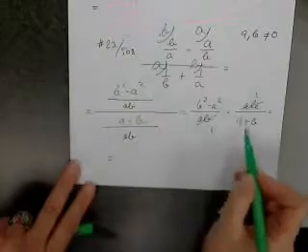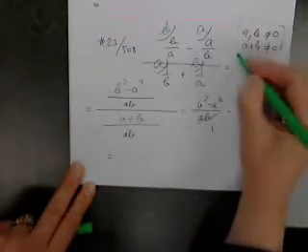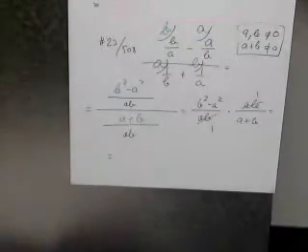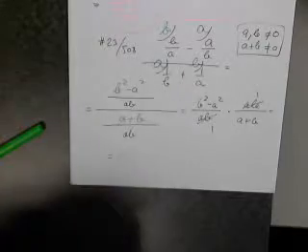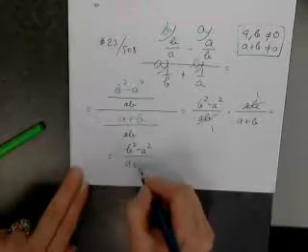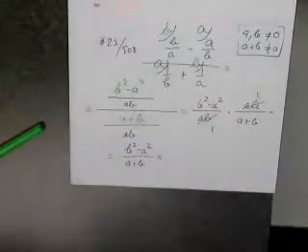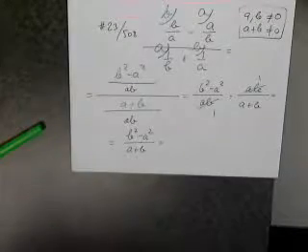I also have a new denominator, so I have to add this to the list of restrictions. However, if I write the simplified form as b squared minus a squared over a plus b, it's not good enough. I like the denominator, but I don't like the numerator.